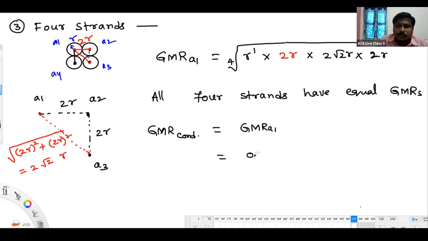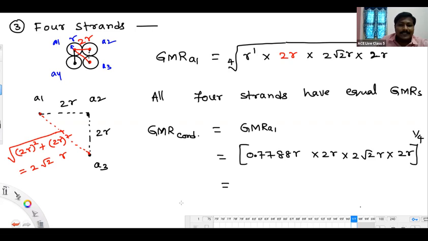So it is 0.7788 times small r, times 2R, 2 root 2R, 2R, whole power 1 by 4. How much is that? 1.722 times small r. That's the GMR of that conductor. Good.